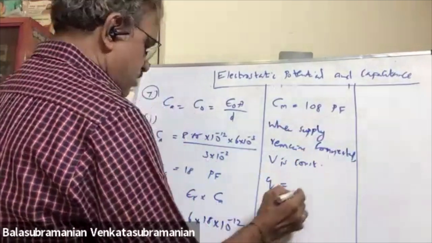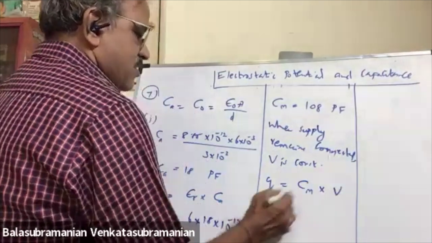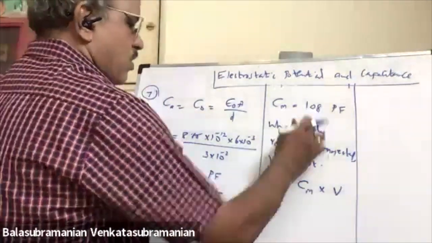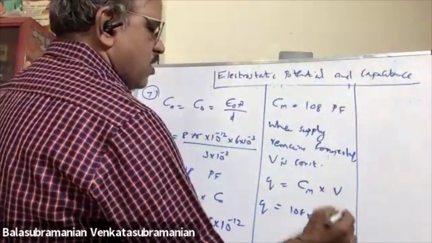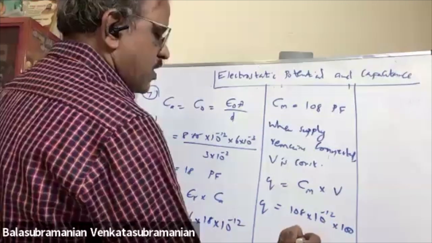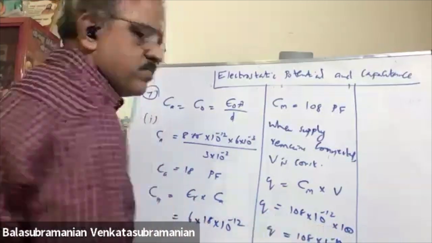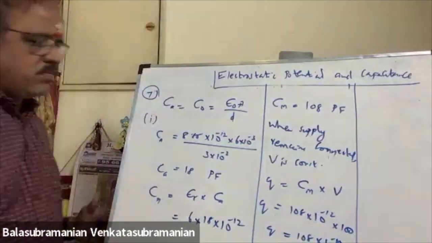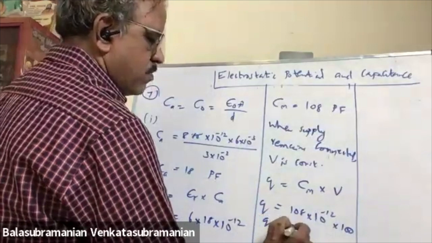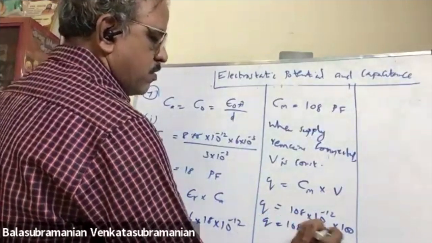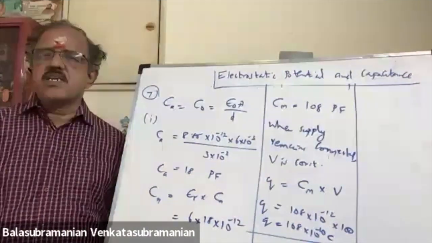Therefore, Q is equal to C medium into V. What is C medium? 108 into 10 power minus 12, and this is 100 volt. So 108 into 10 power minus 10 coulomb.